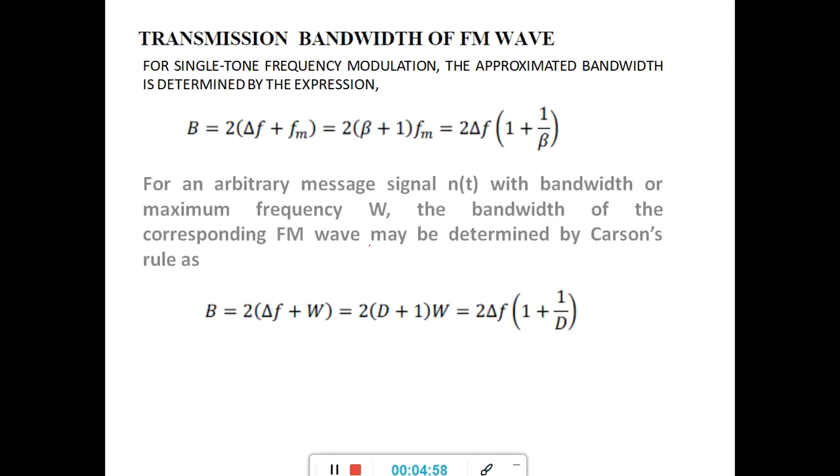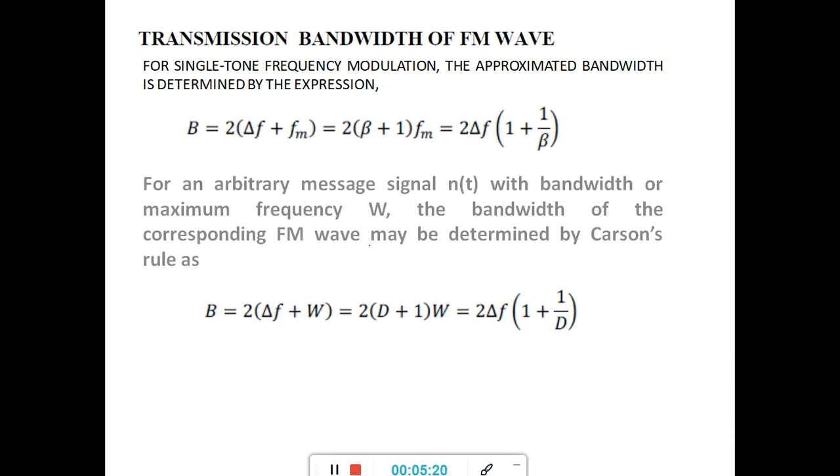Now next, the transmission bandwidth. We know the meaning of transmission. Transmission bandwidth is the minimum bandwidth required to transmit a signal from one place to another.